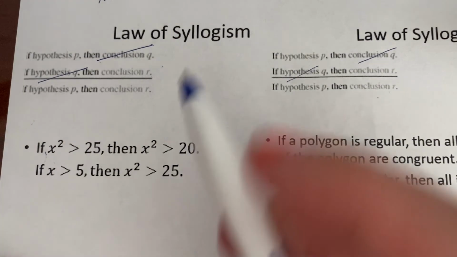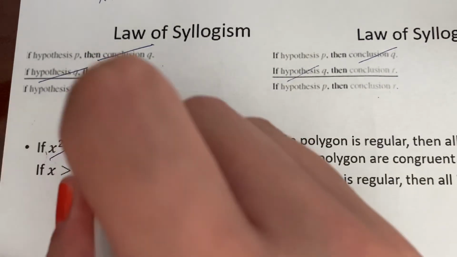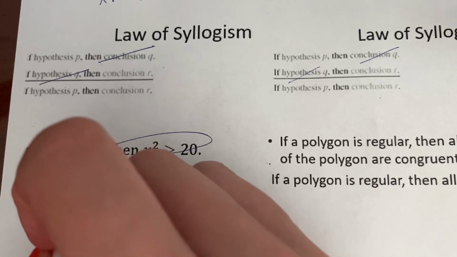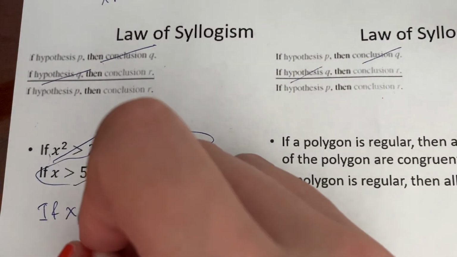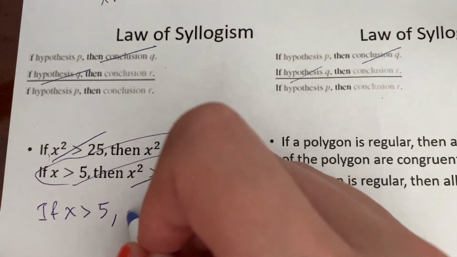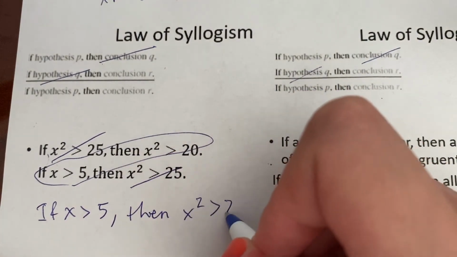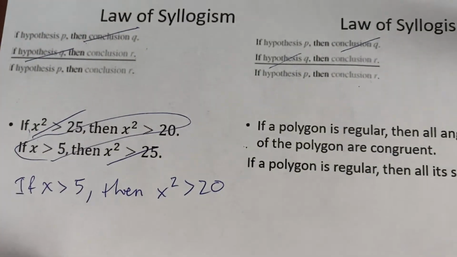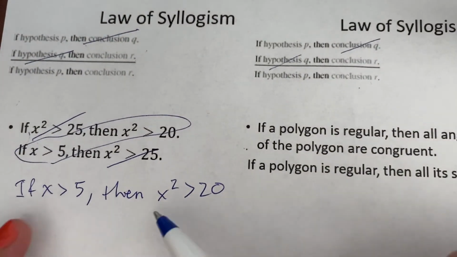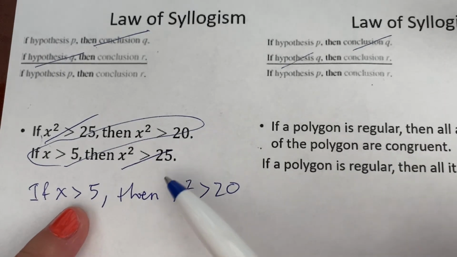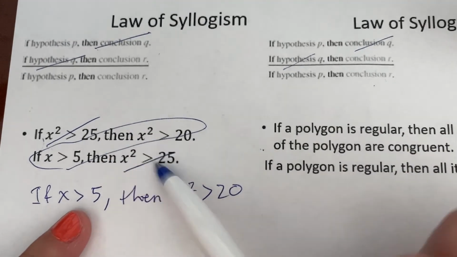So we can cut out the two things that are similar, and create a new statement: if x is greater than 5, then x squared is greater than 20. And you can use this to even prove things. This is enough, by the law of syllogism, to prove that these two things are true.